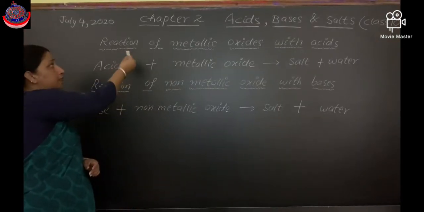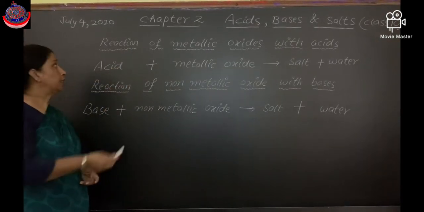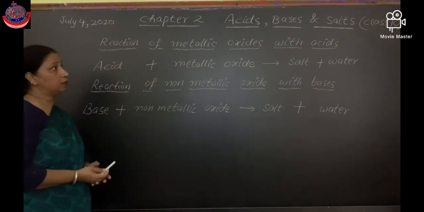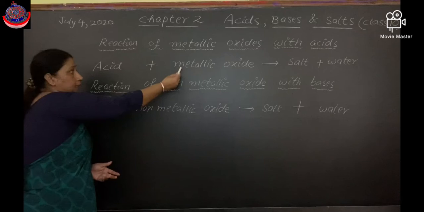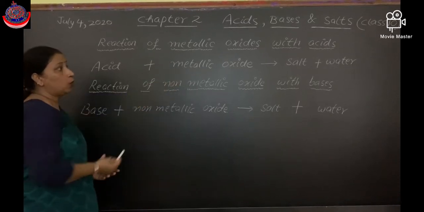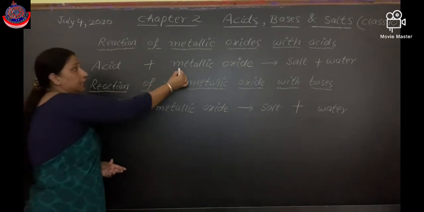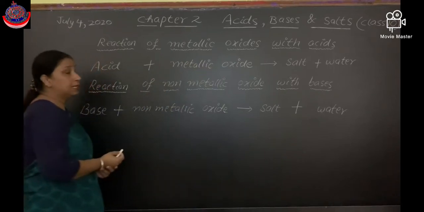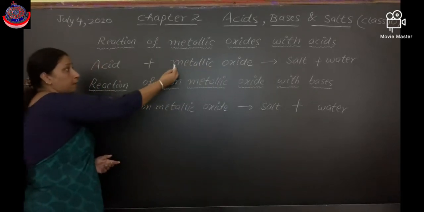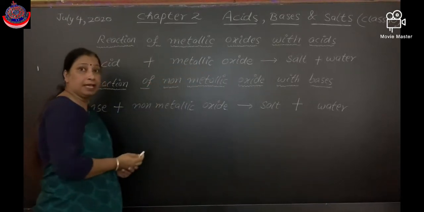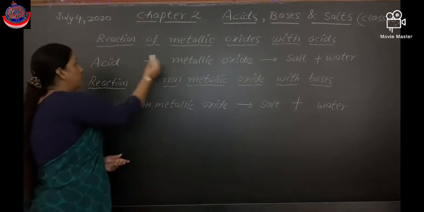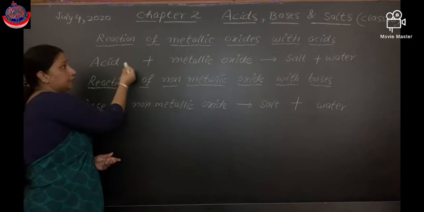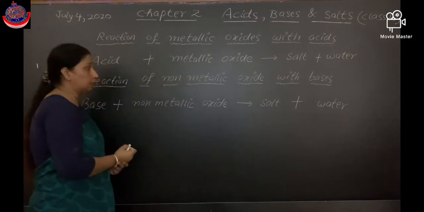Students, now next chemical property is reaction of metallic oxides with acids. Acid reacts with metallic oxide. They form salt and water because metallic oxides are basic in nature. Example of metallic oxide is magnesium oxide. Magnesium oxide is basic in nature. When it reacts with acid, they form salt and water.